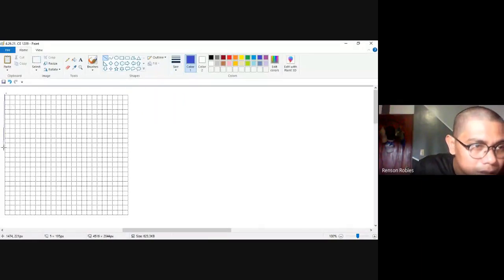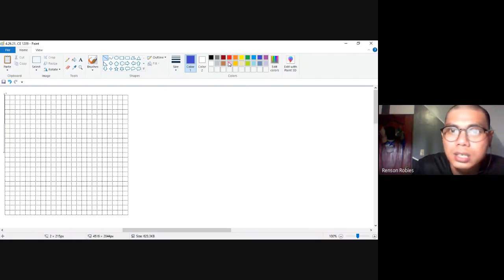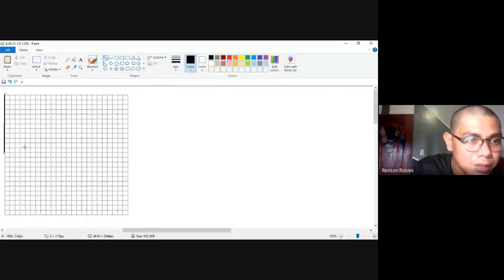This is the y-axis, and I'll make another one for the x-axis. Then I will draw a region, a rectangle.